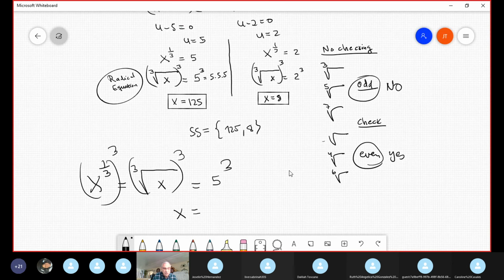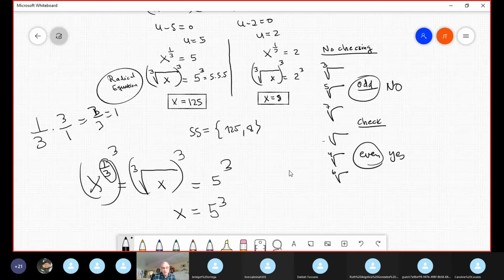Look here, it's much better to see maybe in fraction: 1/3 times 3 over 1 is 1, because it's 3 over 3. So this is 1, an invisible exponent, not necessary to write, equals 5 cubed. And 5 cubed is 125. More clear now? Yes, it's better. Thank you.